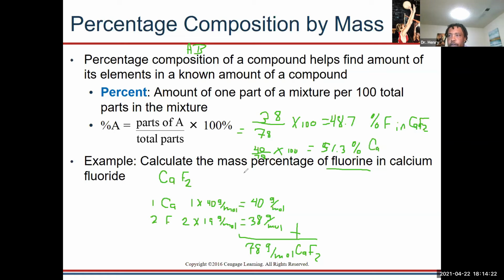Or we could just go 100 minus 48.7. That's 51.3. Okay. Questions, concerns? Nope.